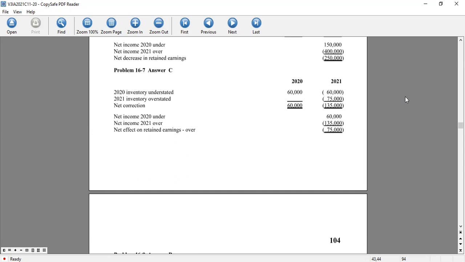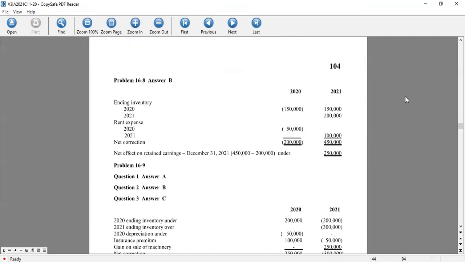In 2020 further, we have the net income, which in 2020 was understated. We have the net income of 2021 overstated. So the net effect on retained earnings is 75,000, which is negative.